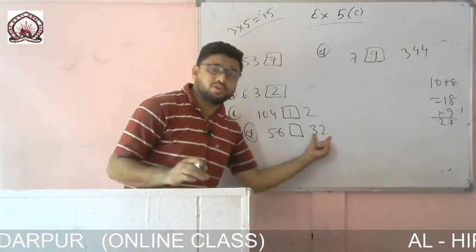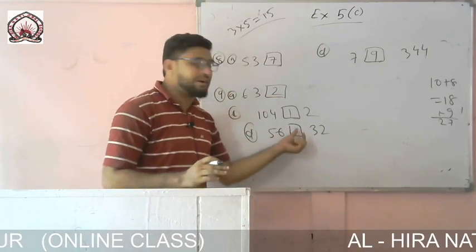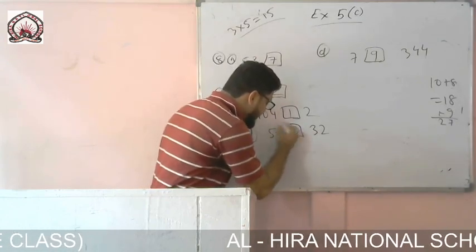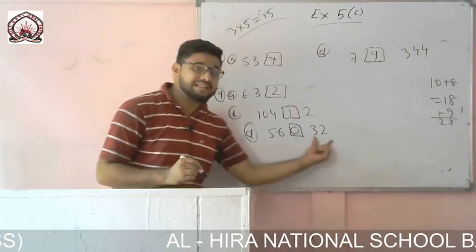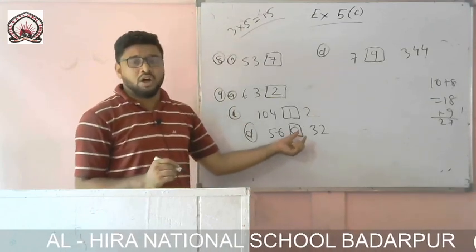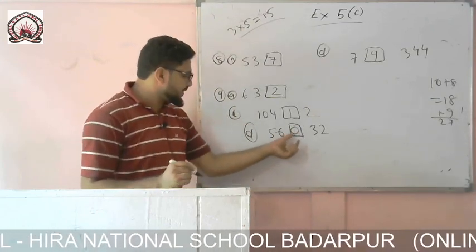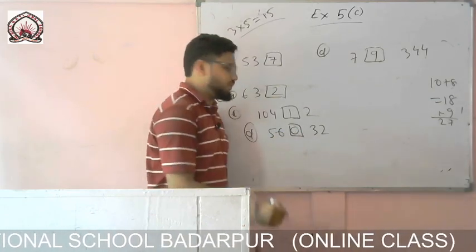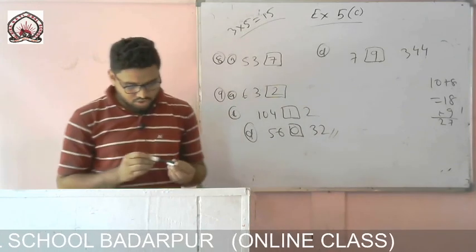So 32 is already divisible by 4. Then there is no need of adding any number. So we can use 0 here also, because 32 is already there, which is divisible by 4. So no need of adding any more digit. So we can use 0 here, and that is divisible by 4.